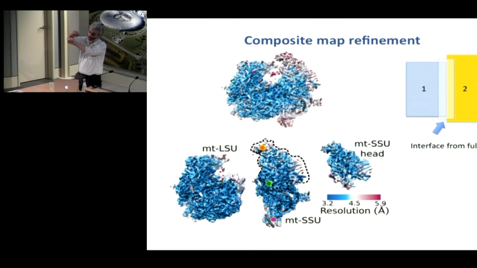If you have two states, it means that the interface is changing. The interface will be different for different conformational states. So that type of refinement and analysis can give you some information, but you have to be careful in interpreting it. They probably need to be dealt with separately.